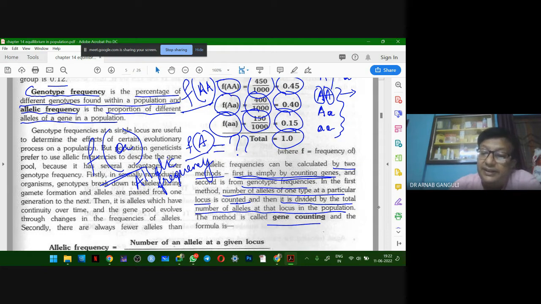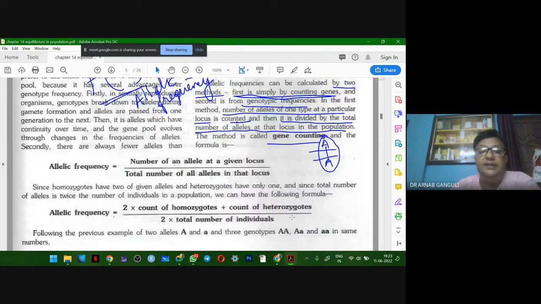Remember that a locus means the position of capital A. So that same point is the locus. So allelic frequency is equal to the number of an allele at a given locus in the whole population.